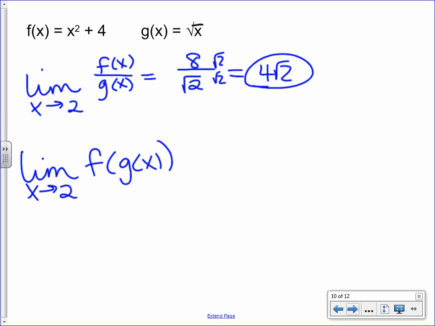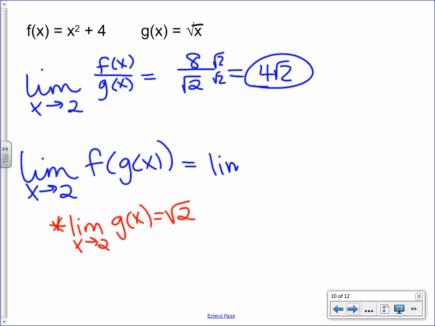So, first of all, what do I need to evaluate? The limit of g of x. Okay. So, side note, what is the limit as x approaches 2 of g of x? Square root of 2. Okay. So for this composition function, since this limit is square root of 2, we're now going to take the limit as x approaches radical 2 of our outside function, f of x.